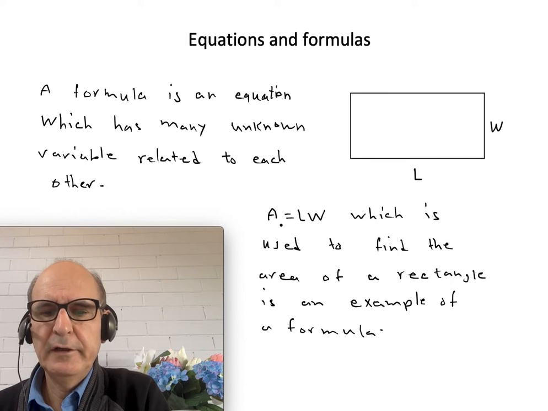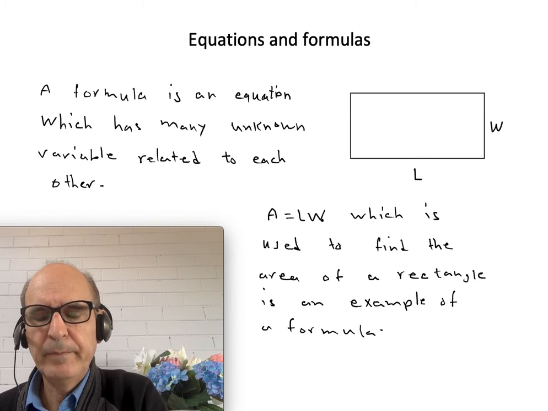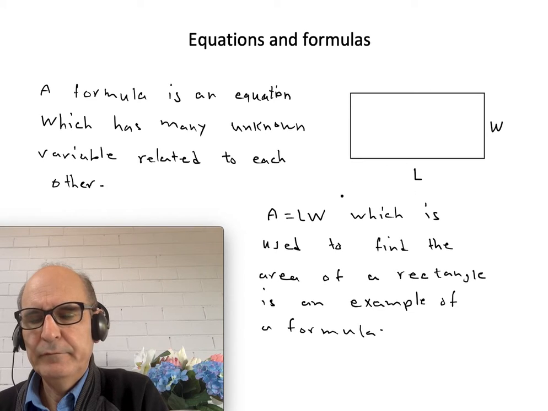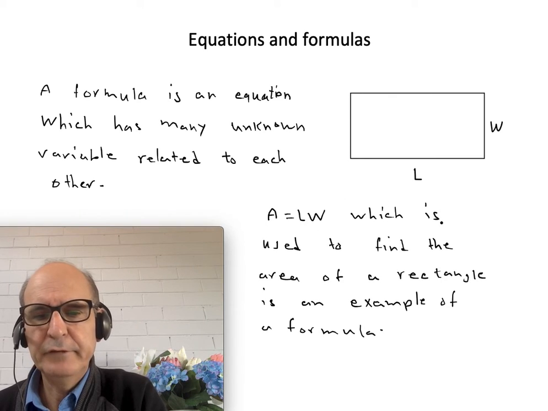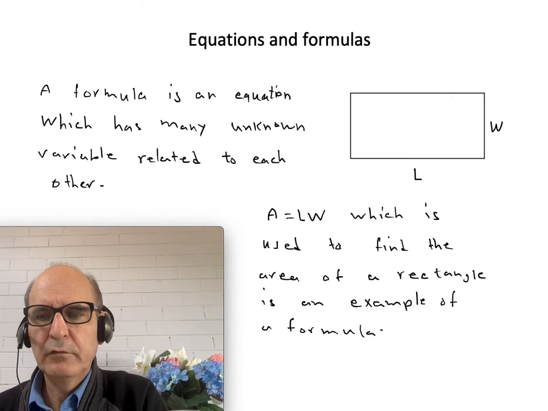This formula relates three variables: variable A, variable L, and variable W. And each of them has got a physical meaning also. A means area, L means length, W means width. That is how a formula will look like.